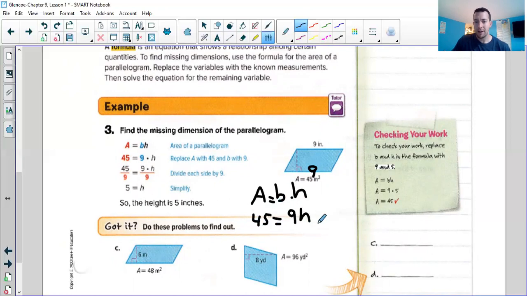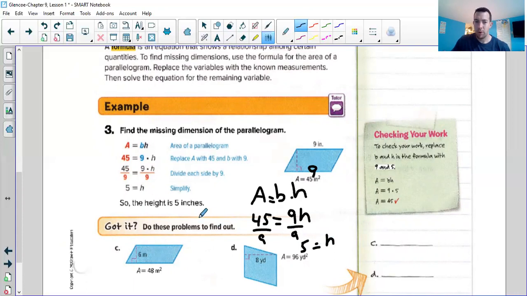This is exactly what we were doing for weeks when we were doing algebra. How do we solve this? Well, we do the opposite operation. So I'm going to divide by 9, do it to both sides, and I'm going to have h equals 45 divided by 9 is 5. So 5 equals h. H is my height.